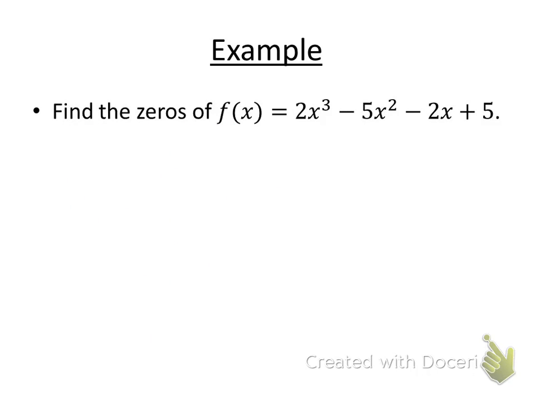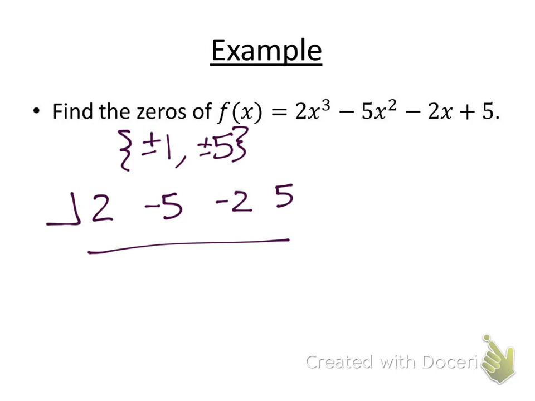We're going to find the zeros of the function f of x equals 2x cubed minus 5x squared minus 2x plus 5. Looking at the constant 5, we're first going to try plus or minus 1, plus or minus 5. I heard somebody try negative 1, bringing down the 2, then you multiply, add, multiply, add, and multiply.